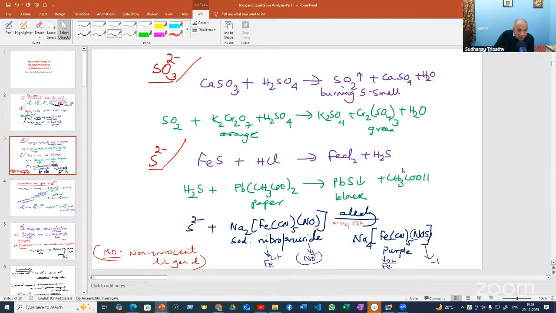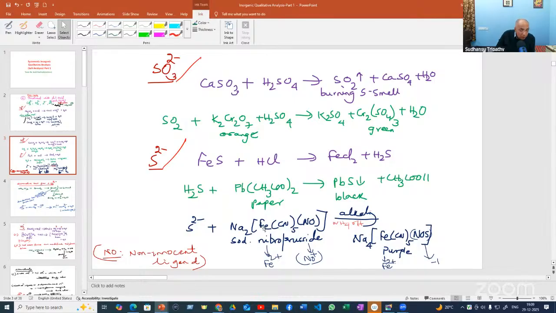Now the H2S, the rotten egg smelling gas that comes out, I have not written here. It is so very common. If you use a piece of filter paper soaked in lead acetate solution, that paper turns black because there is a double displacement reaction forming lead sulfide.